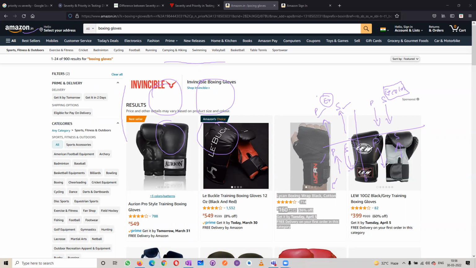Now, the priority is low, but severity is high. It means the order of fixing that bug is low, but the severity is very high. Can you give any example? Priority is low, but there is a lot of seriousness in this bug. Sir, if you register on any site like Naukri, they will ask for first name, middle name, last name.